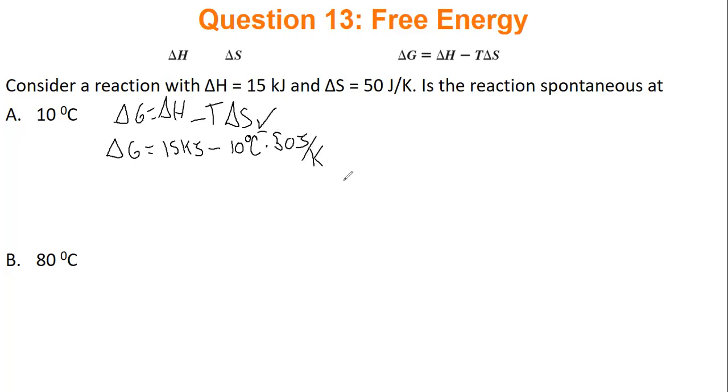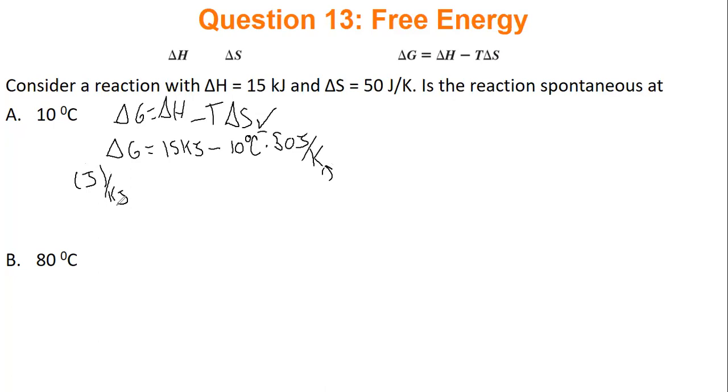First off, we have a problem with temperatures. My S is in Kelvin, but my temperature is in Celsius. That won't work because the unit of energy is the joule or the kilojoule. It's really the same thing. So my final answer needs to be in energy, so temperature needs to cancel out.